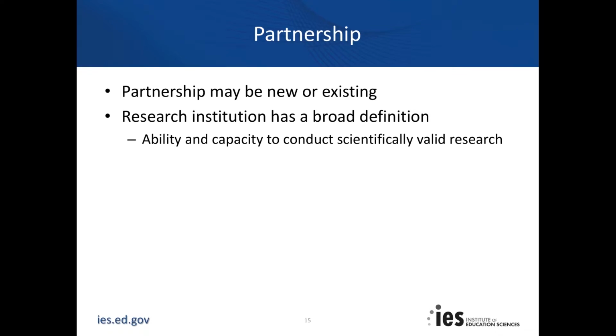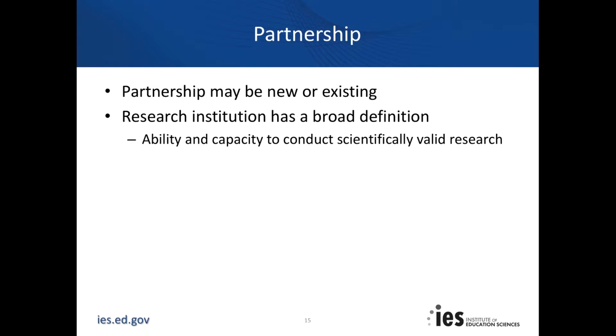Partnership may be new or existing, and when we talk about the research institution, it can have a broad definition, but importantly, they need to have the ability and capacity to conduct scientifically valid research. So when you're talking about a previous collaboration, it's stronger if it includes the same personnel, not only the same institution.